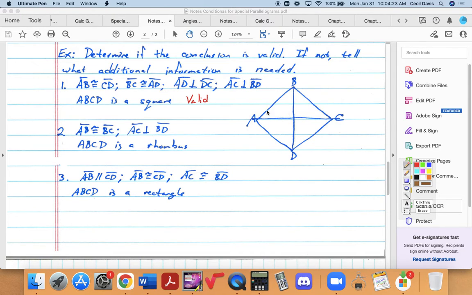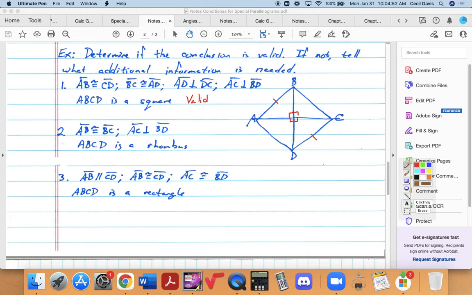Let's look at this one. Here I know that AB is congruent to BC, and AC is perpendicular to BD. And their conclusion is that this is a rhombus. Do we know for sure that this is a rhombus?